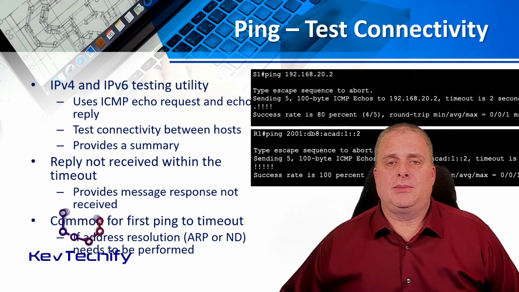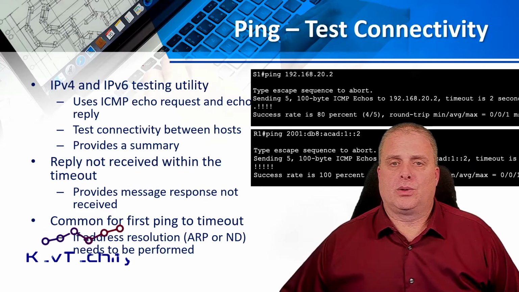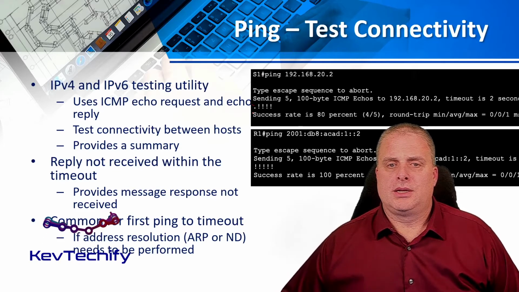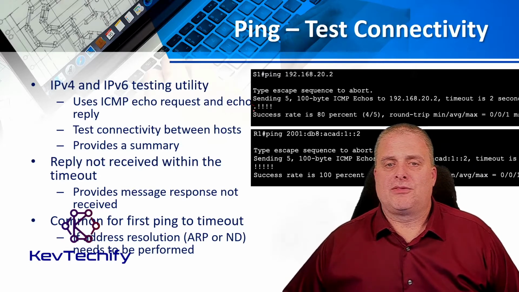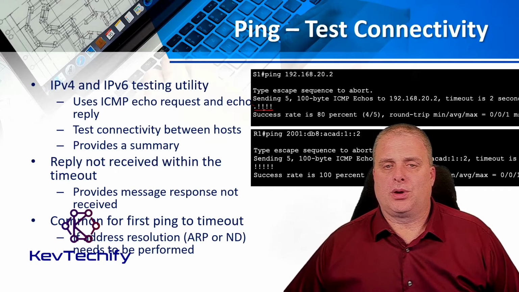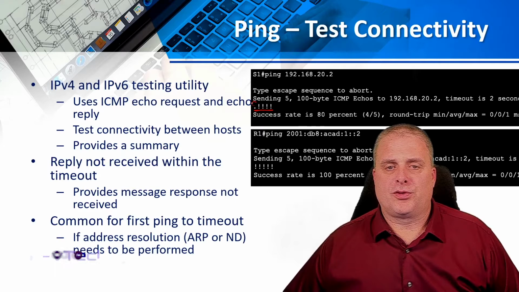Typically, a lot of times, that first ping, and so right here, on switch 1, we did ping an IP address of 192.168.20.2. It sends out 5 pings in this protocol. It sends out 5 echo requests, gets in 5 echo replies. The first one, a lot of times, times out.